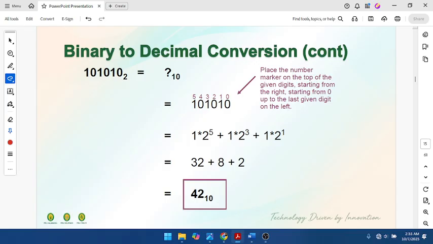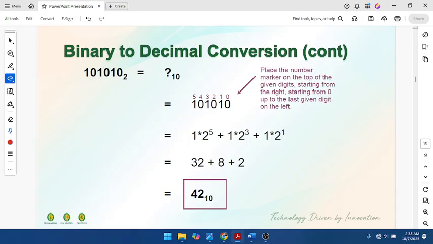We only need to look at the positions of the digit 1, because a 0 contributes 0 to the total. So we have a 1 in position 5, another 1 in position 3, and the last one in position 1.